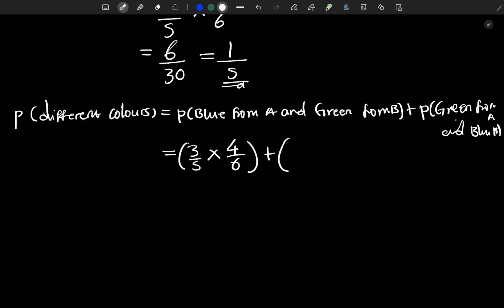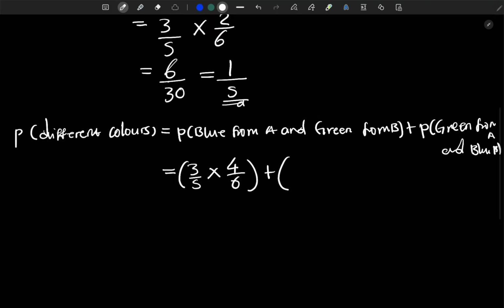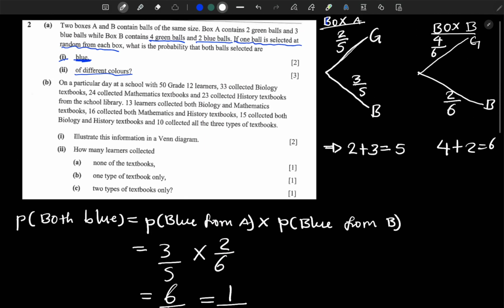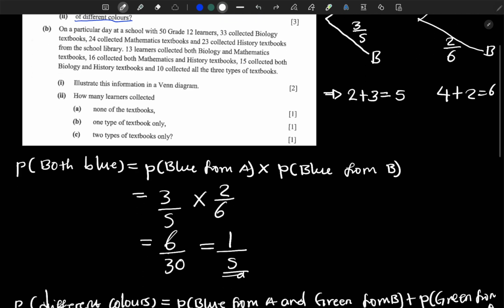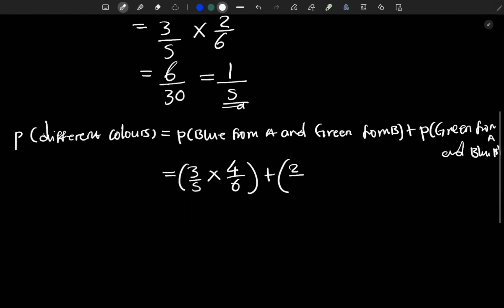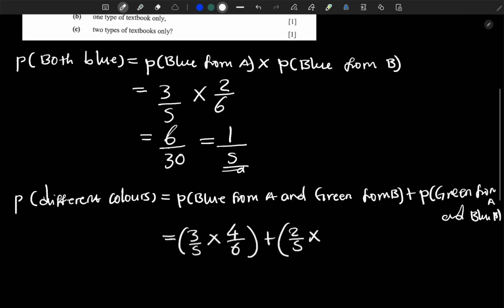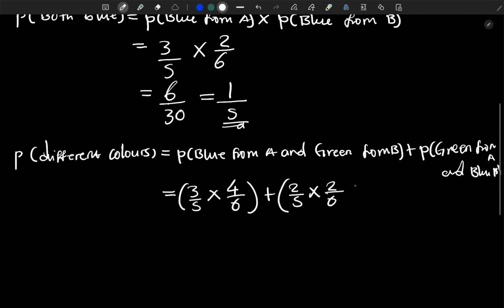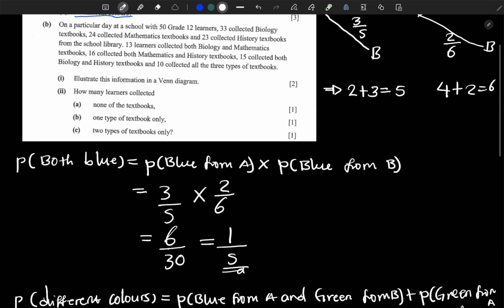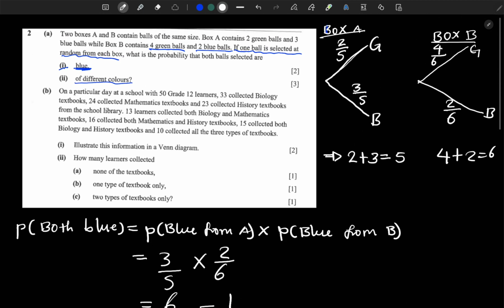Plus, then here we have the probability of green from A. Green from A is 2 over 5, times the probability of blue from B. Blue from B is 2 over 6. So to simplify, you get this one multiplied by this one plus this one times this one. That's where the concept is coming from.